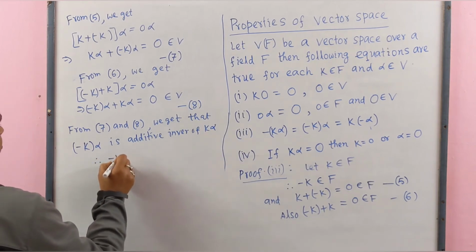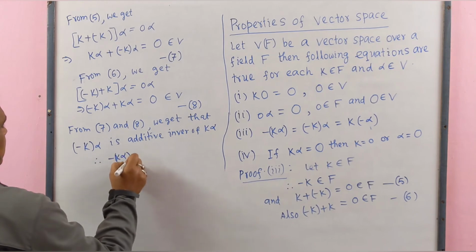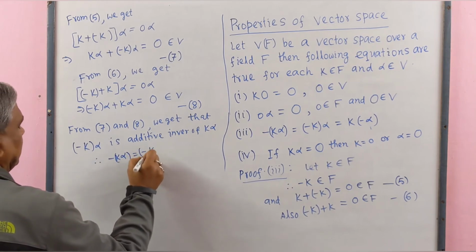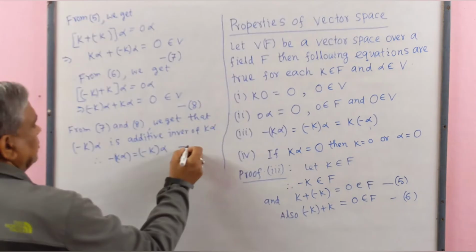Therefore, (minus k) alpha equals minus (k alpha). This is 9.